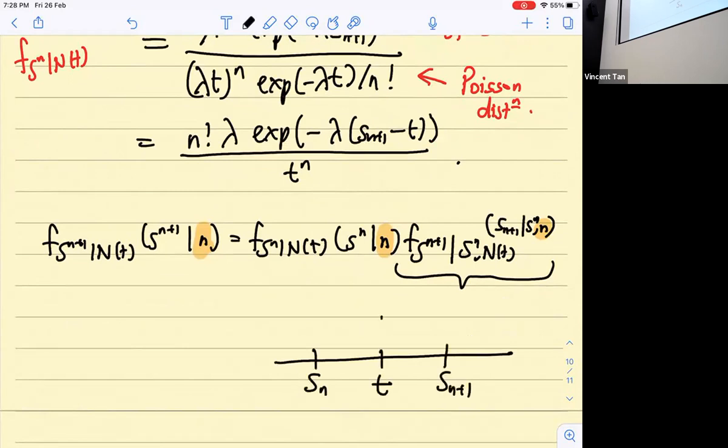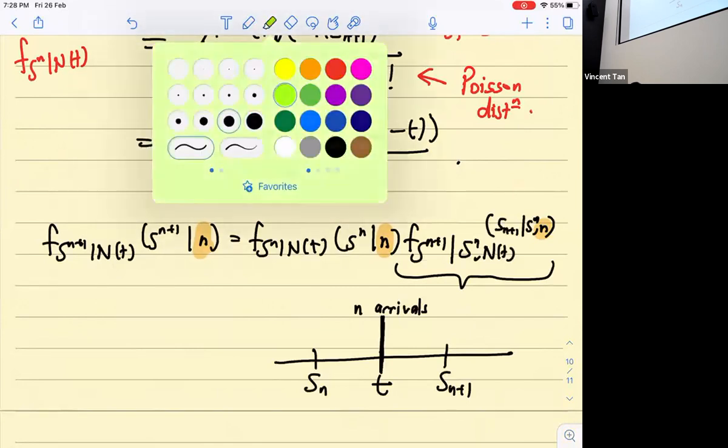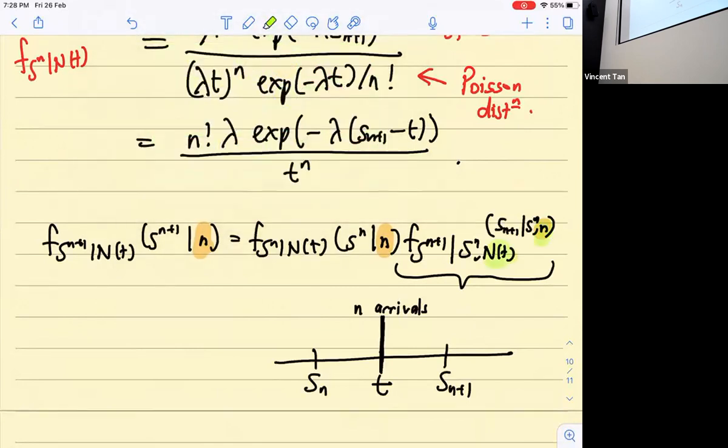So at time t here, we have n arrivals only up to this point, because we are conditioning on the event that N(t) is equal to n. That is this situation here. So we are asking, what is the distribution of S_{n+1}, given that I know that at this point I have n arrivals.